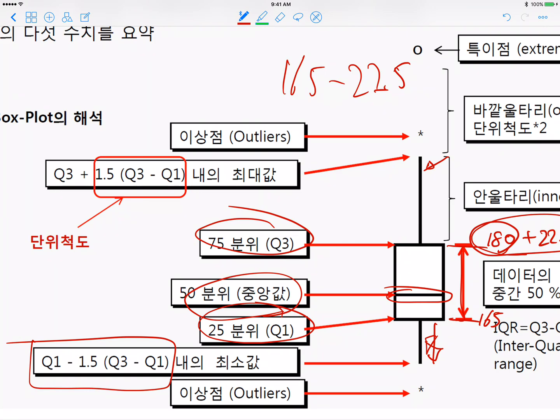Then that value is represented as that line segment. Still, 202.5 centimeters or less. Suppose that was somewhere around here, but the actually observed one, the maximum value within that range, was maybe 198 centimeters.